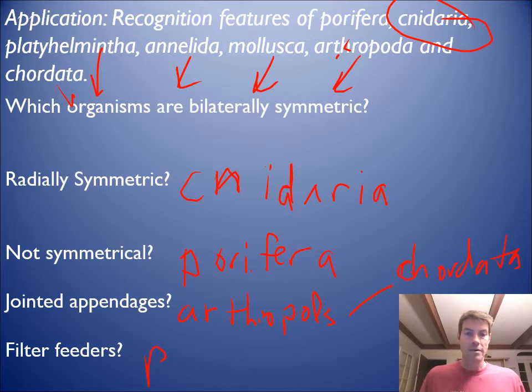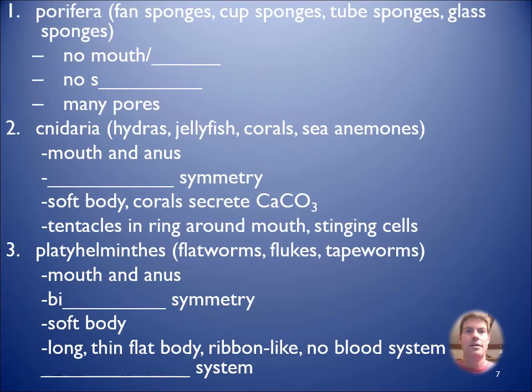And filter feeders, the only one is the porifera. So porifera are kind of unique in here. They got some very basic structures and feeding strategies. So no mouth, and no anus either. No symmetry.